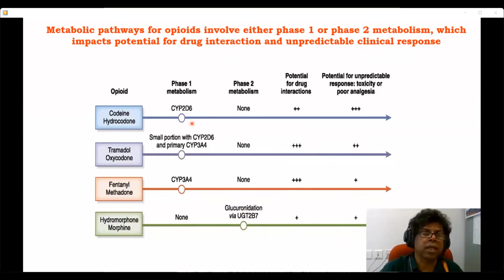So what I'm trying to say is that when you give these drugs to patients, most of them are palliative care patients, and these people will already be on many drugs for comorbidities, which may go through some of the metabolism using these enzymes. So it is very important to understand drug-drug interactions in these particular patients.